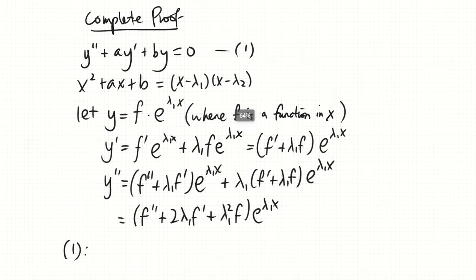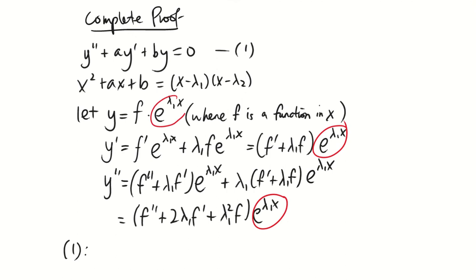In fact, recall this factor here. It appears in y prime and y prime prime. So after we substitute it in, we can literally just cancel off that term. So we just have to look at these terms here.